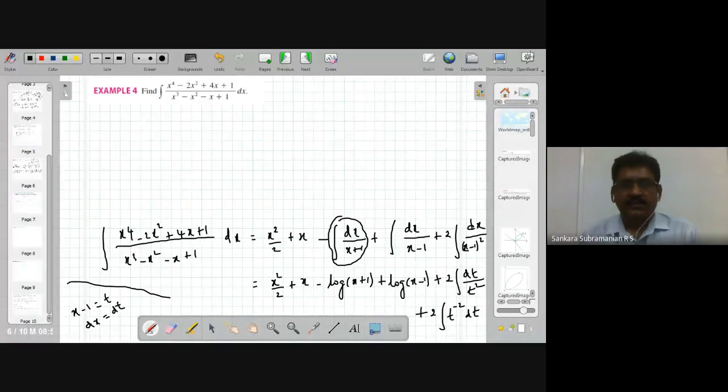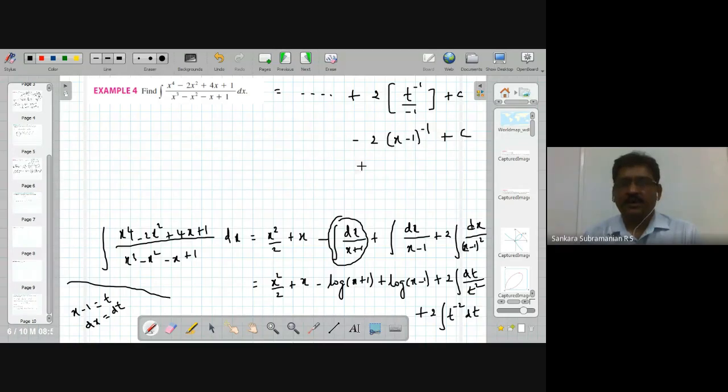So this is equal to, the whole term is a repeating term, the last term is plus 2 times of t to the power minus 2 plus 1, which is minus 1, by minus 1. Okay, and at last you have to put the constant. But this t is what we have made, so this is minus 2 times of t, where t is x minus 1 to the power minus 1, plus c, or you can write 2 by x minus 1 plus c.